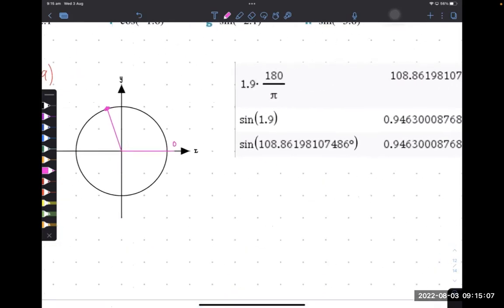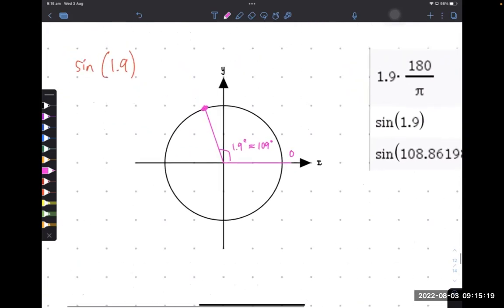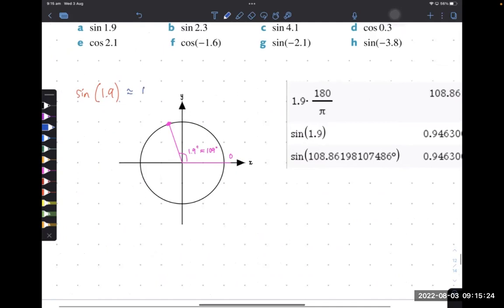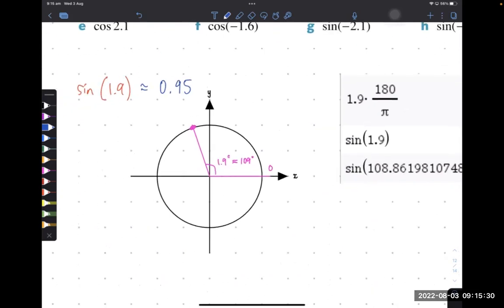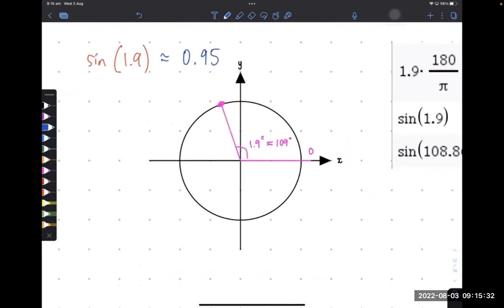So this is 1.9 radians, which is the same as roughly 109 degrees. Our calculator gives us, they want us to 2 decimal places, right? No, but sure, we'll just do it to 2 decimal places. 0.95. What does this 0.95 mean?